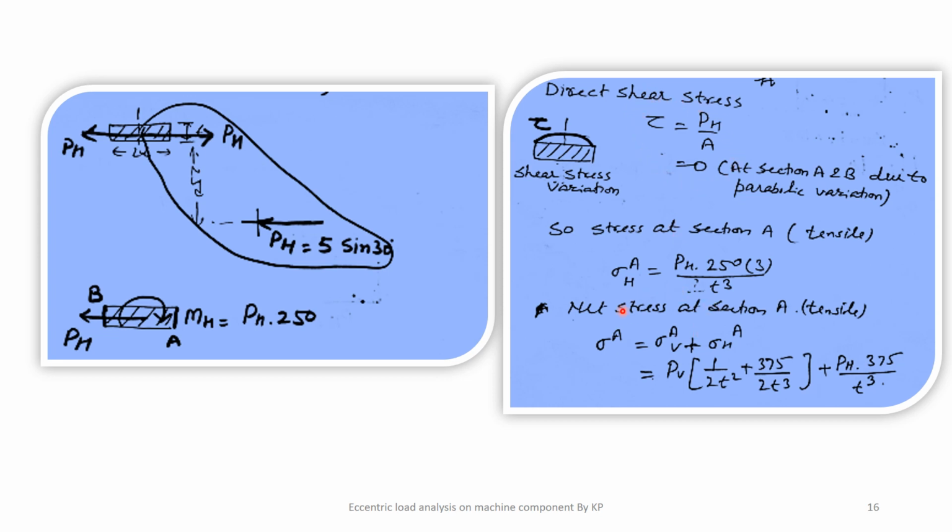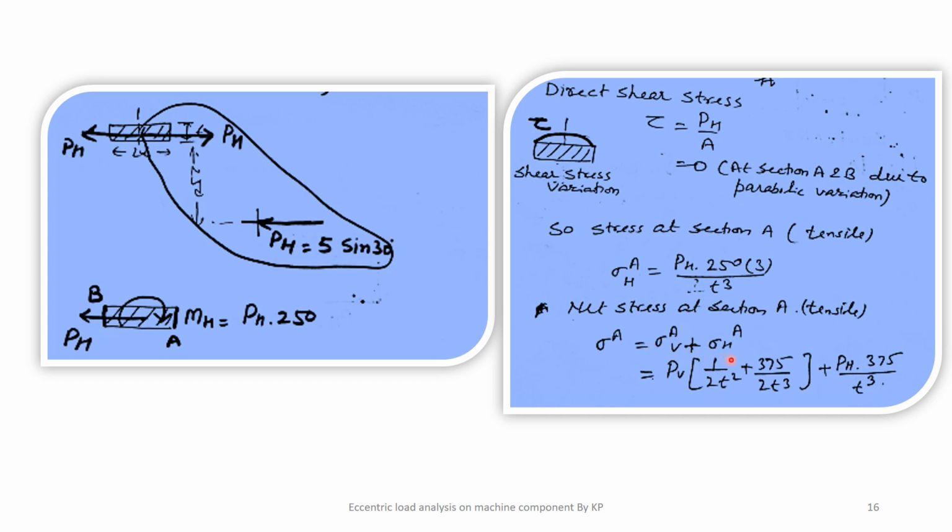So the net stress at A. At point A, if we want to find the net stress because of the PH as well as the vertical force, we can directly add them, because all the stresses are tensile in nature. Because of MH, this is tensile stress. Because of MV, again this is tensile stress. Because of direct load in the previous case, again this is tensile stress. So directly we can add these values.